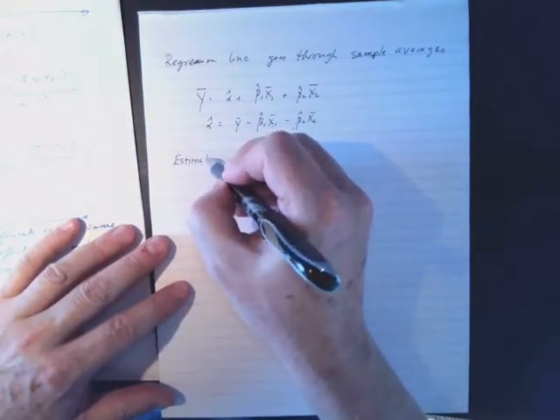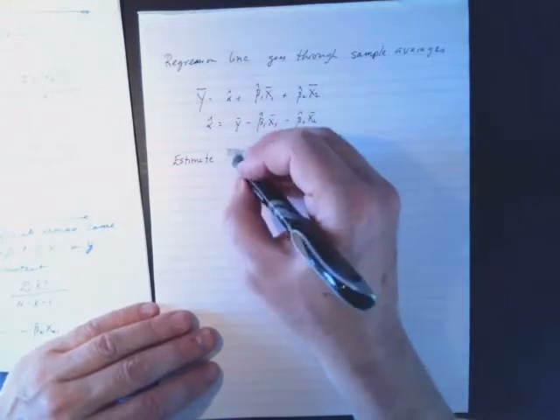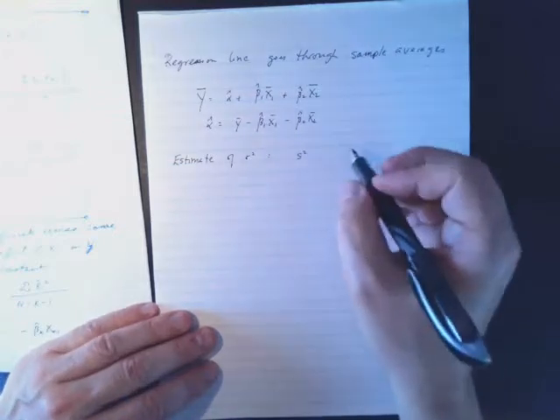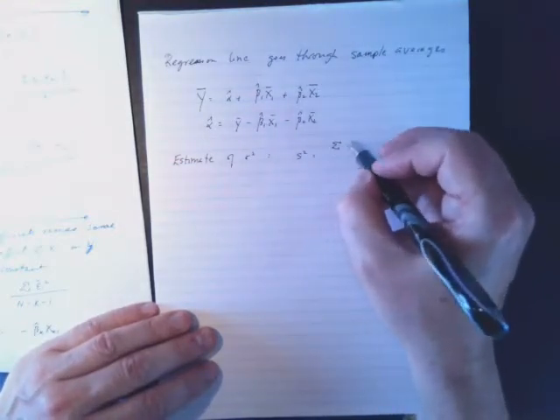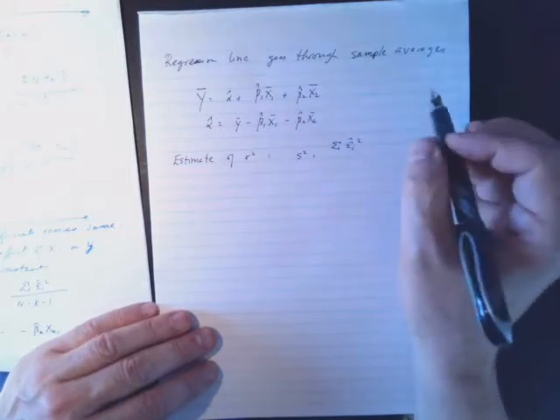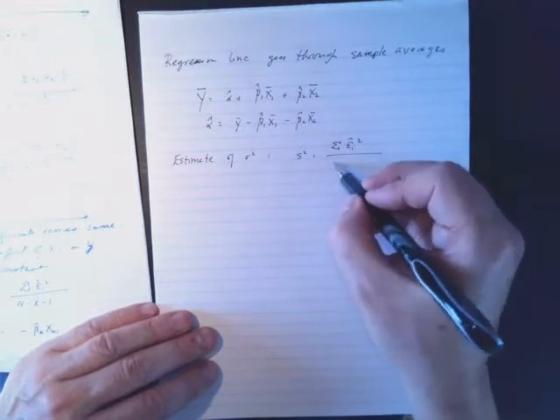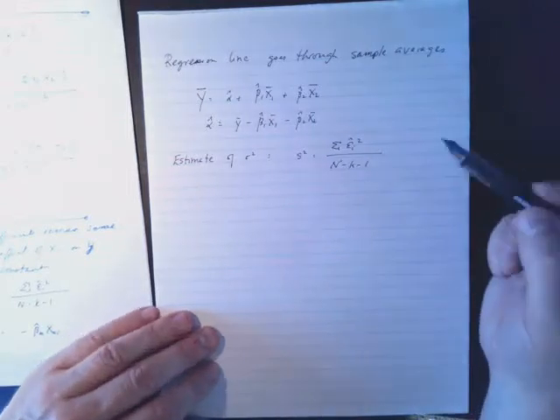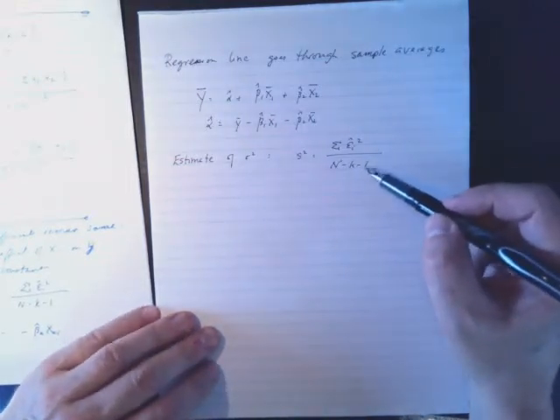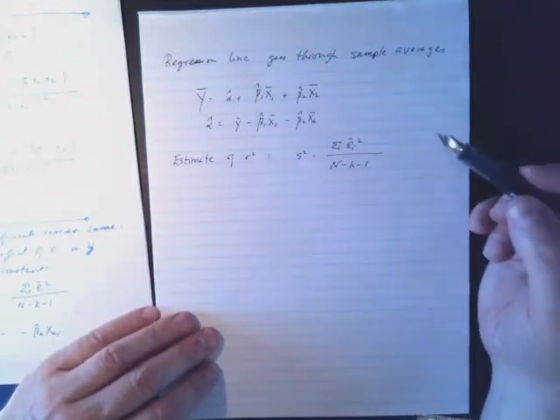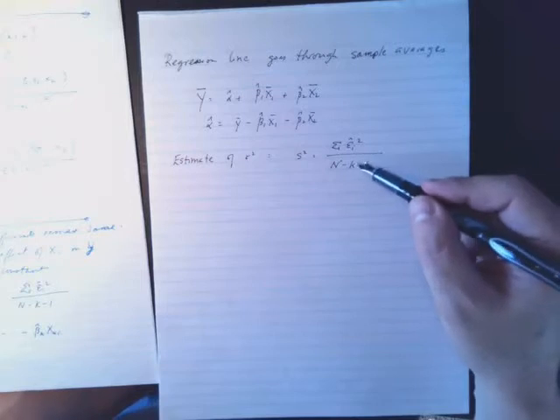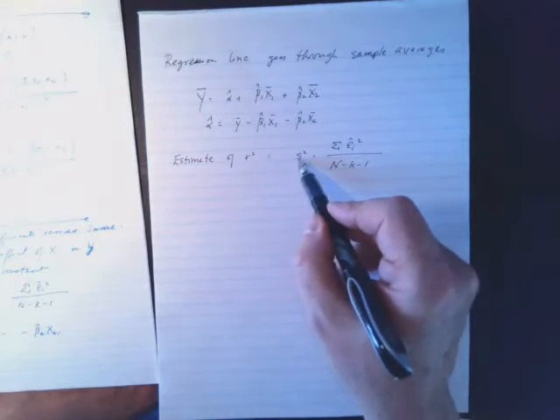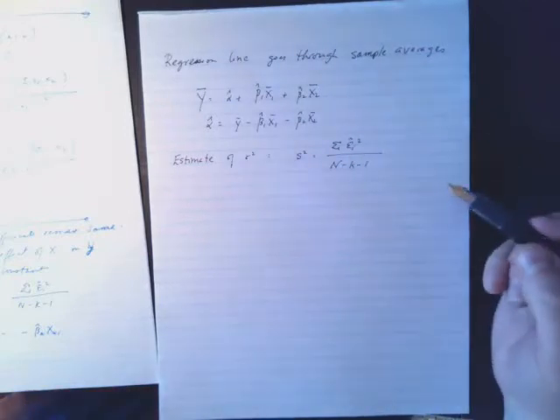And we need our error variance estimator, so the estimate of sigma squared, and we'll call it s squared as before, and that will be the sum of the squared residuals divided by n minus, now before it was n minus 1, this time it's n minus k minus 1. So we take into account the fact that we have more than one explanatory variable in the model, and that uses up degrees of freedom, and so our estimator of the error variance has to be adjusted.